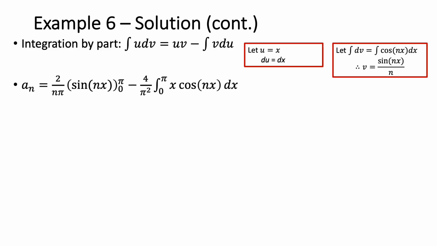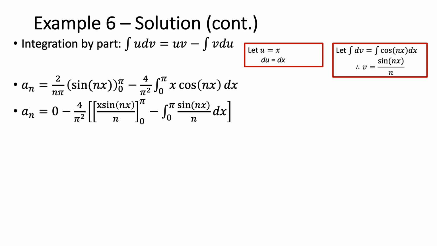Proceed with integration by parts. We have An equal to 0 for the first term since sin nx equals 0 for all n. For the second term, we have minus 4 over pi squared times x sin nx over n from 0 to pi minus integral 0 to pi sin nx over n dx.